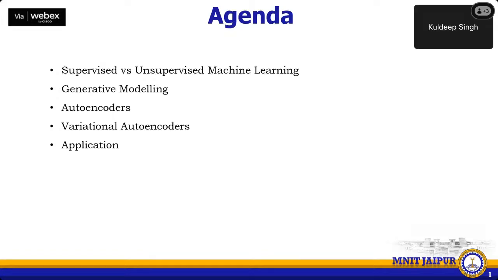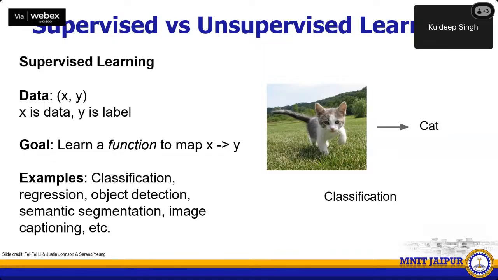So now, starting here, supervised and unsupervised machine learning. I think you must have heard these terms multiple times in the last 2 days. Again, giving you a brief overview.